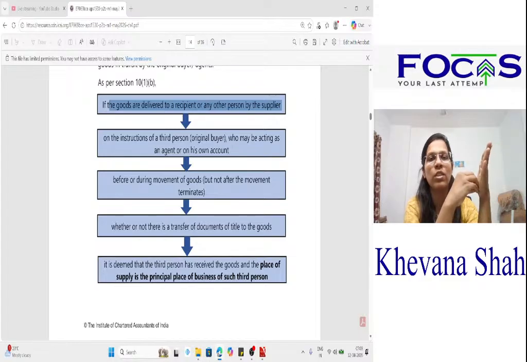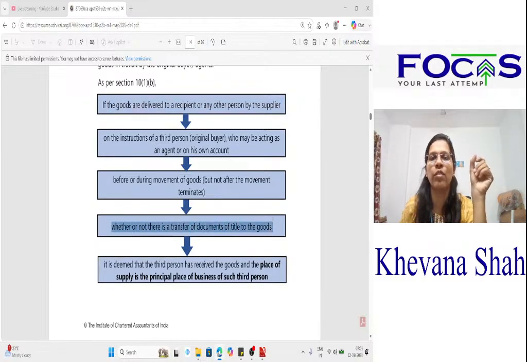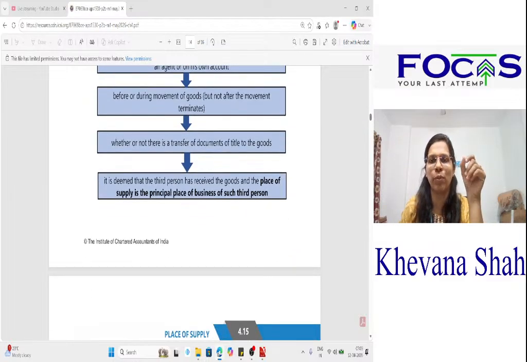So while the goods have not started their movement, or the goods might have started the movement but the movement has not terminated, so any time before the goods are reaching place C, if the person at place B instructs the person at place A to have the goods delivered to place C, then again the important thing to note is whether or not there is transfer of documents of title to goods. So title to goods might not have transferred or the documents might not be there.